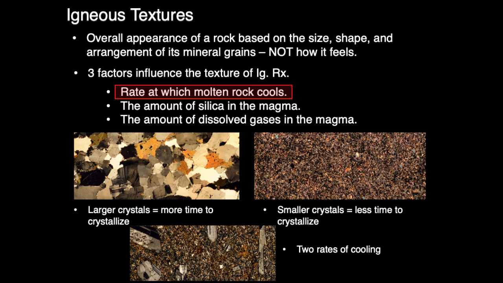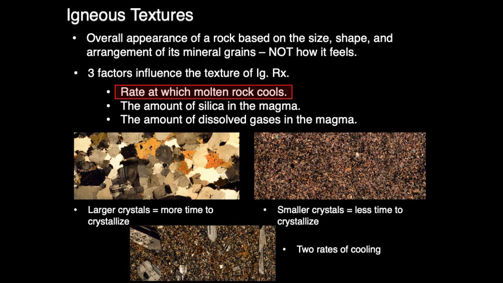Initially, a small number of crystal nuclei do form within this initial melt, and then slow cooling allows ions to migrate freely until they eventually join one of the existing crystals that started crystallizing. So, as a consequence of this, the slow cooling promotes the growth of fewer but larger crystals.